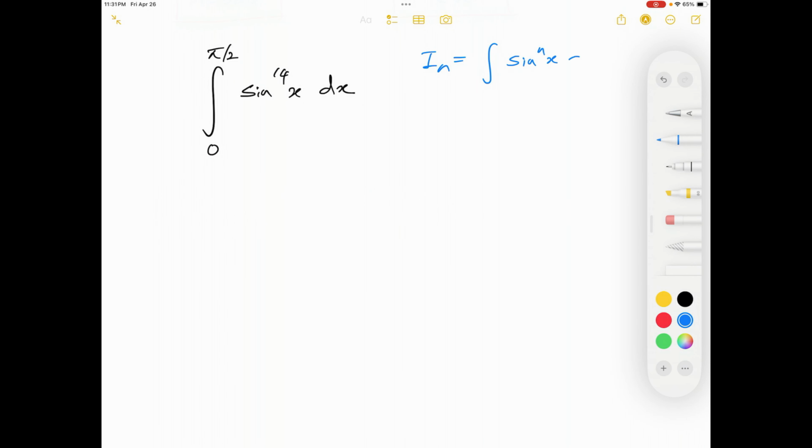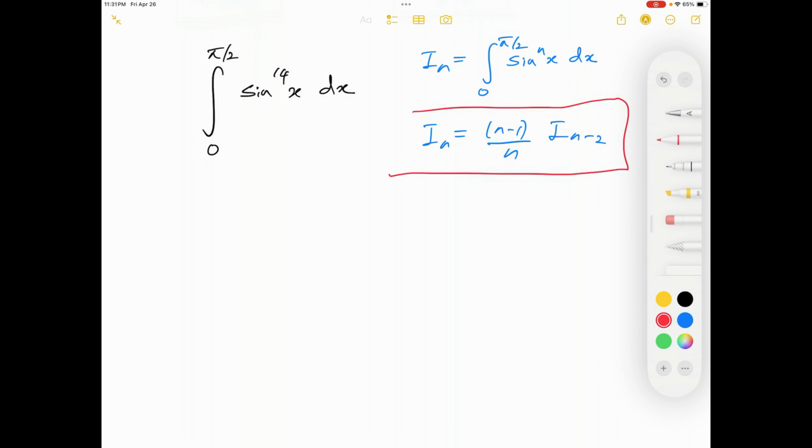Therefore, remember once again, I sub n is equal to the integral of sine nth power x dx. Now, if I have to integrate from 0 to pi over 2, we know the reduction formula reduces to a nicer form: I sub n equals n minus 1 over n times I sub n minus 2.